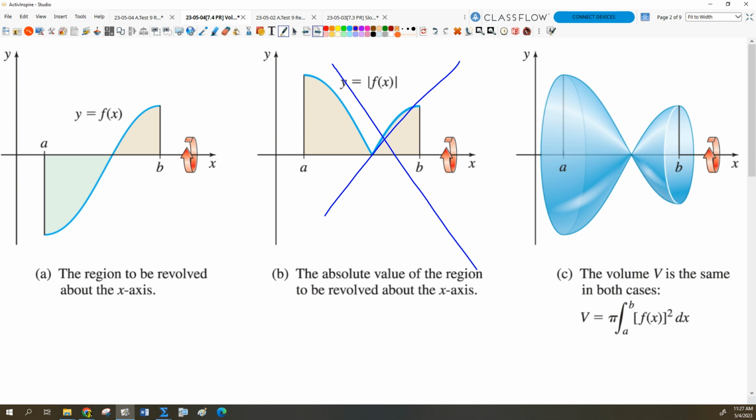If I take this whole shape and twist it around 360 degrees, how much volume am I going to gouge out? Well, the top part is going to gouge that piece out. The bottom part doesn't matter if it starts below or above, it's going to gouge out that volume right there, isn't it? So you don't have to worry about making sure everything is positive.